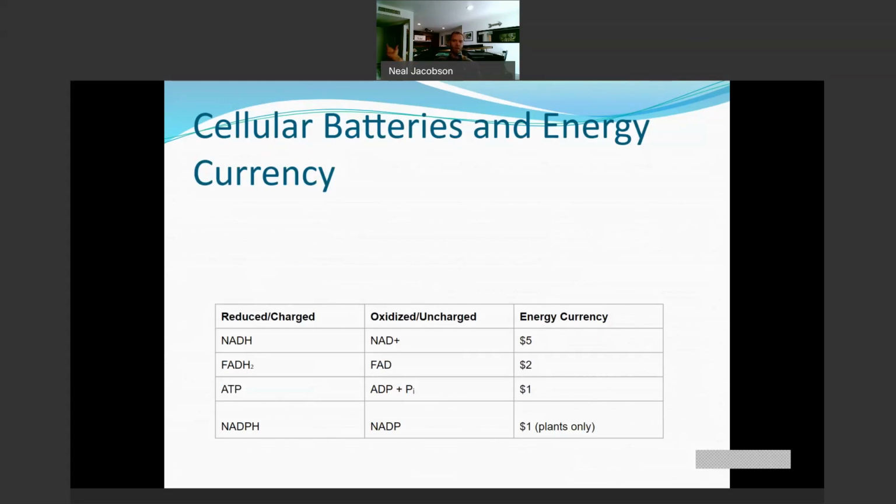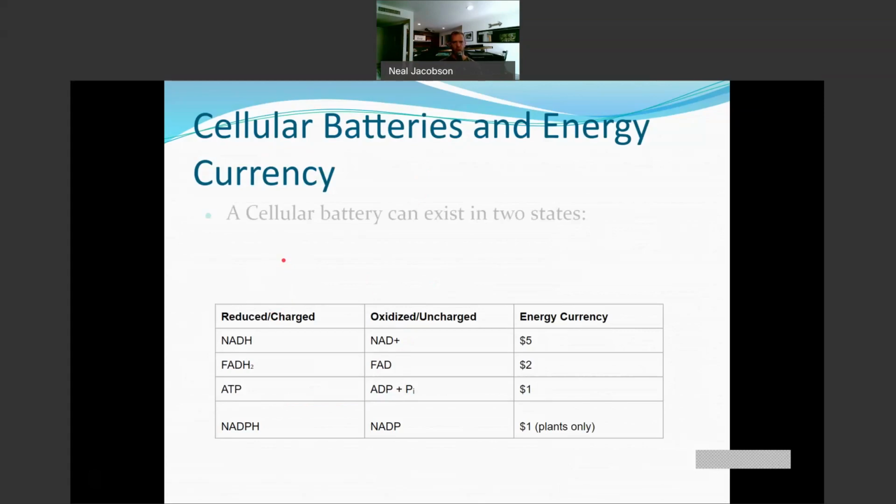Then you take the empty battery, bring it back, plug it in, fill it back up with energy, take it, power something else, right? And so that's why I call these cellular batteries, because they have 2 forms. They have the form where they're fully charged, and then they have the form where they're fully uncharged, like where they've released their free energy. Okay. And there's 4 that we're going to talk about in this module.